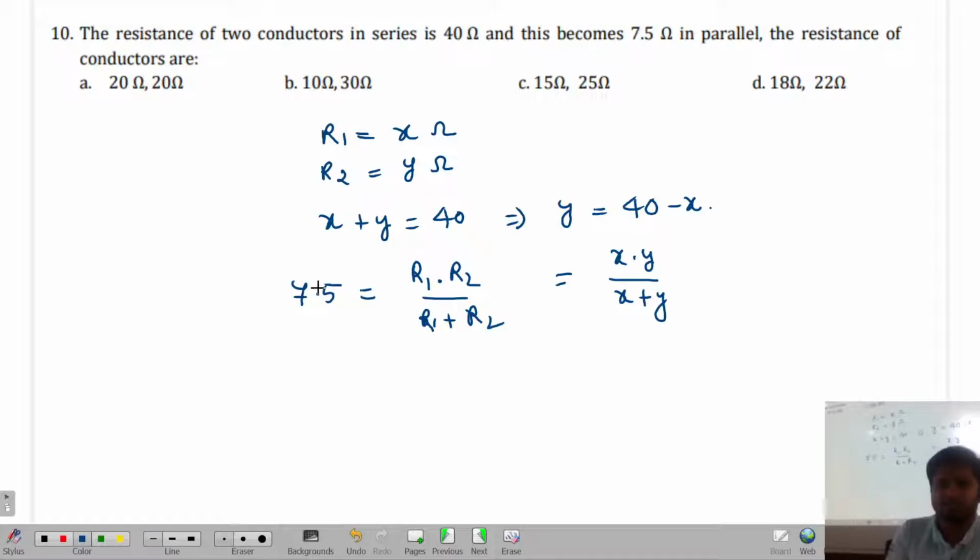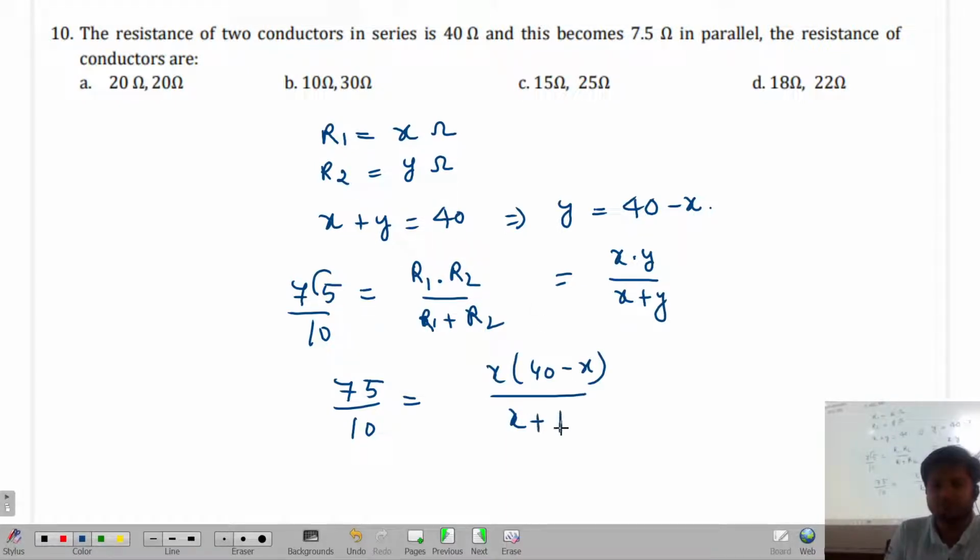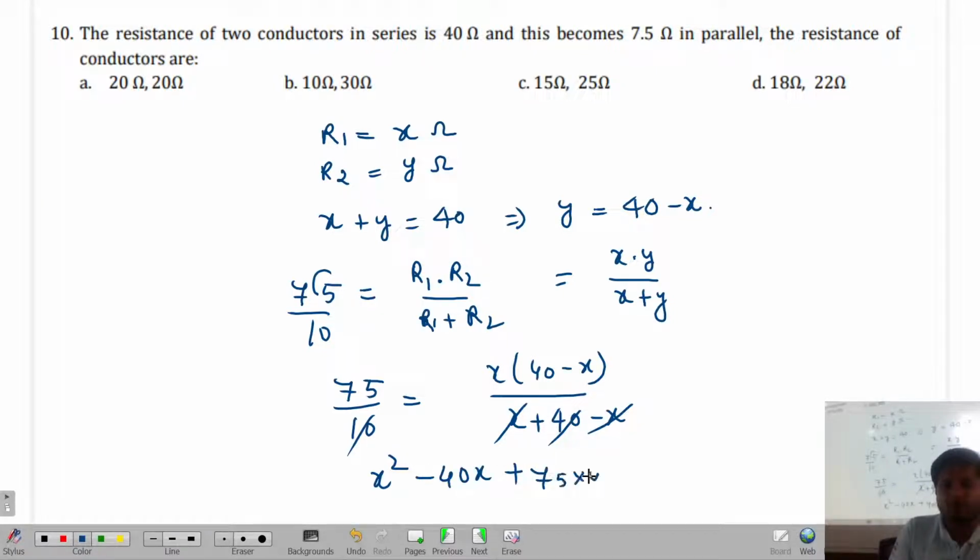So 7.5 is 75 by 10, equal to X into 40 minus X divided by X plus 40 minus X. X cancels, leaving 40 there, and the zero cancels, so 75 into 4. Here I will get x square minus 40x plus 75 into 4 is equal to 0.